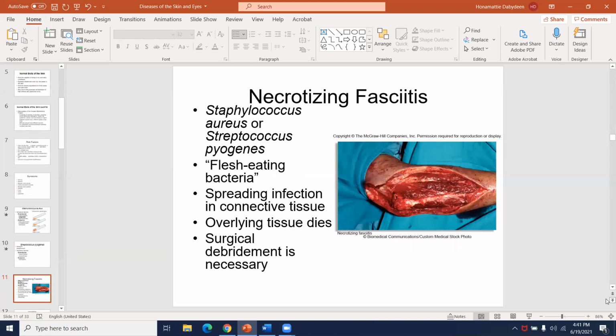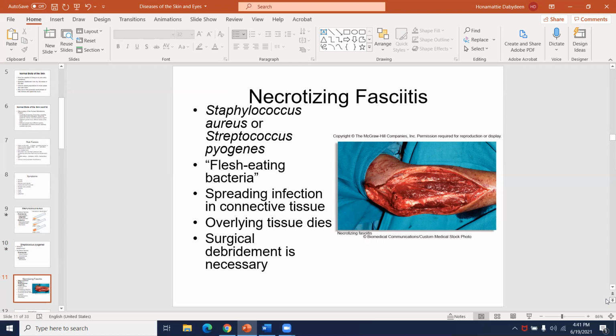And if you notice what's happening here, that's why they call it the flesh-eating bacteria. They're spreading the infection in the connective tissue, and then the overlying tissue will die. And it keeps on spreading.